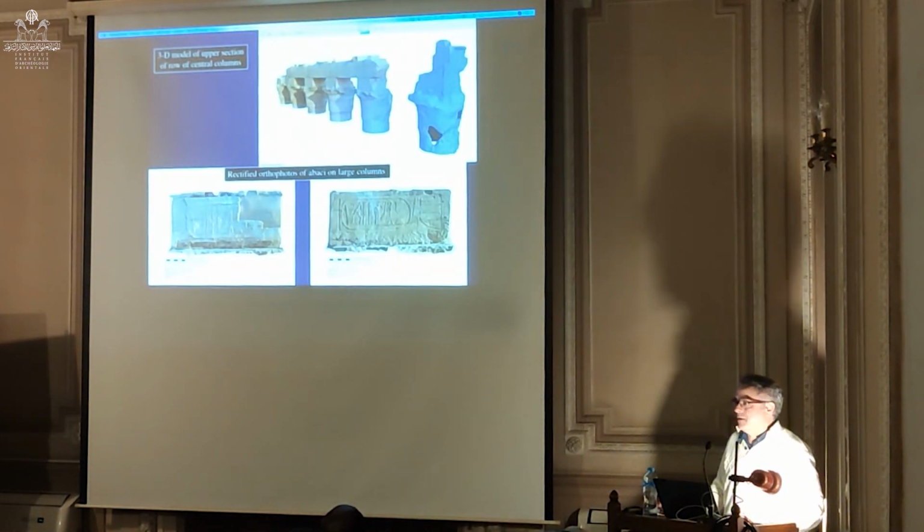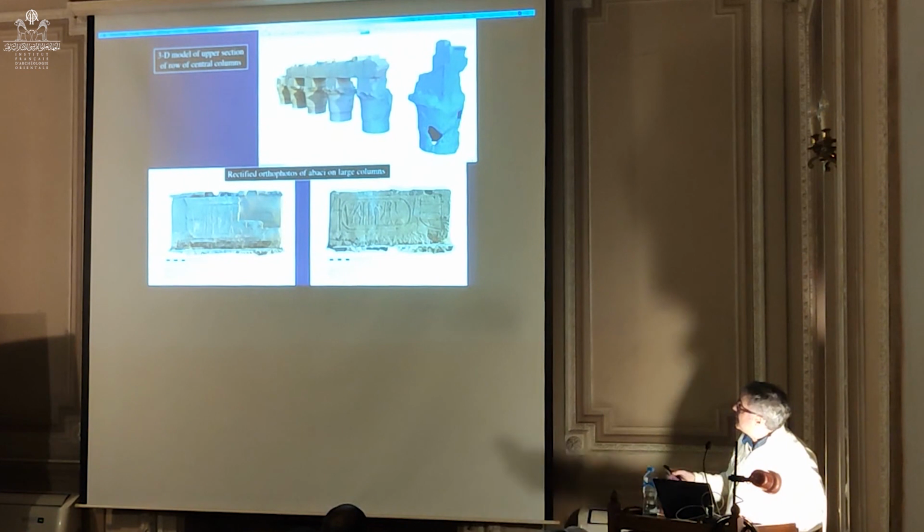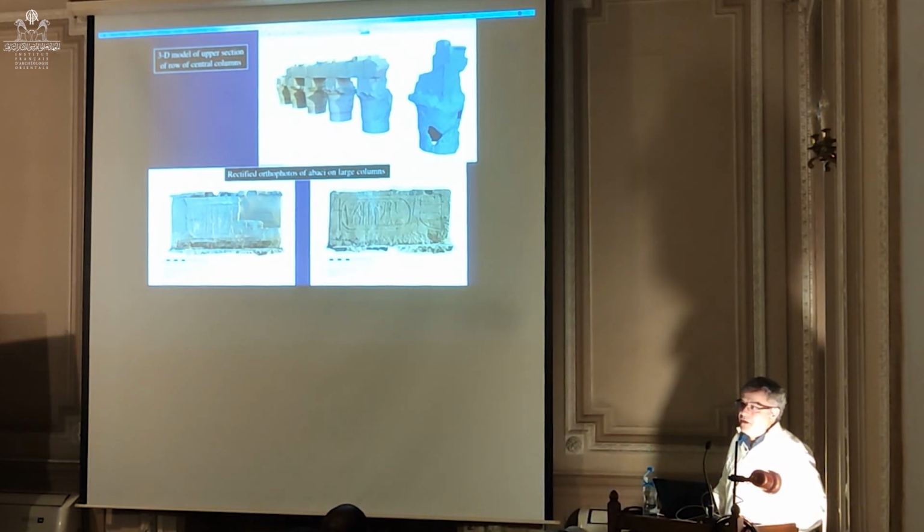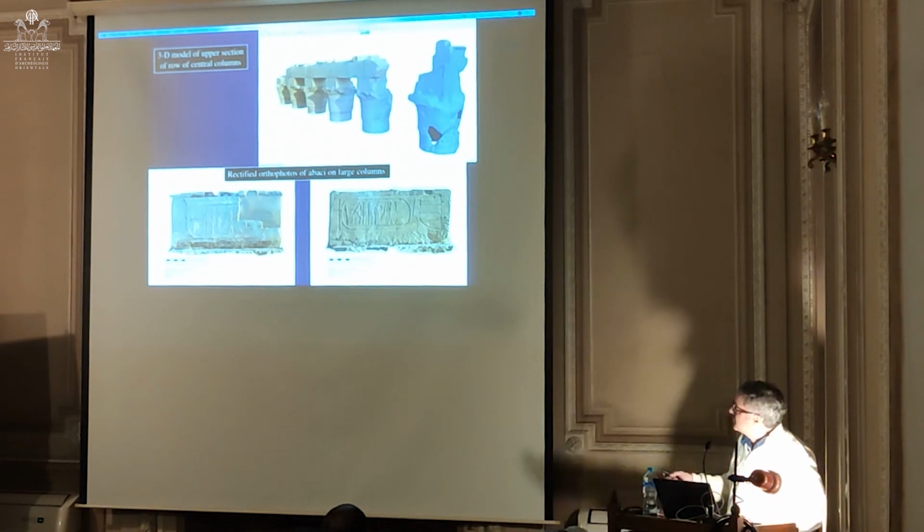So these are some of the models that are built of the top section of the abaci. So now you can really add this to the 3D model that was done previously, and some shots with a rectified orthophoto of some of these abaci.